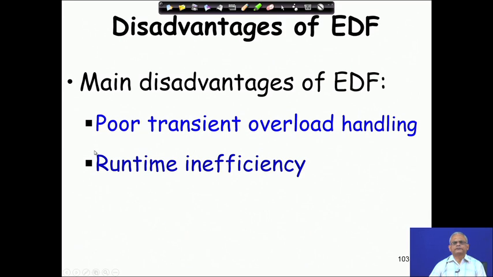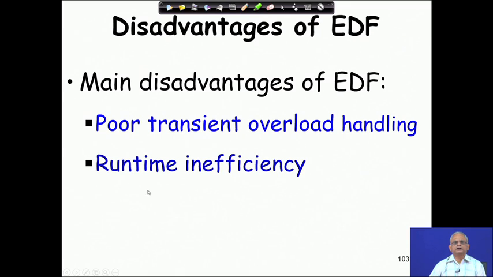Implementation of the EDF is a problem, because all the tasks have to be kept. If there are n tasks, then n tasks have to be maintained, and the scheduler needs to compute the completion time for all the tasks to find the earliest deadline.